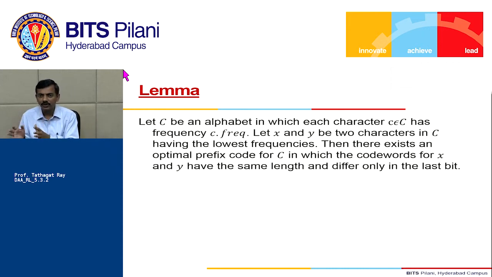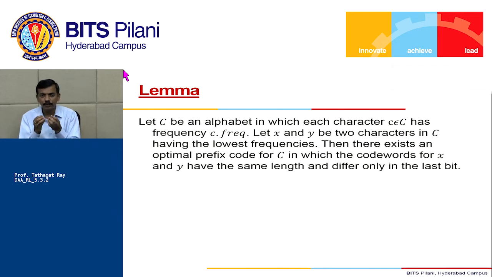And last time we saw how we can build this full binary tree using the Huffman code algorithm, which was using a greedy choice. The greedy choice was taking the least frequent character and the second least frequent character, making the least frequent character the left child and the second least frequent character the right child, and creating a parent node for it.